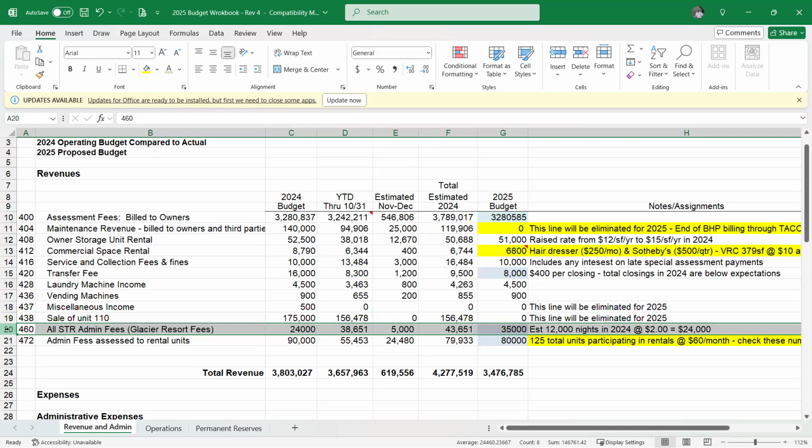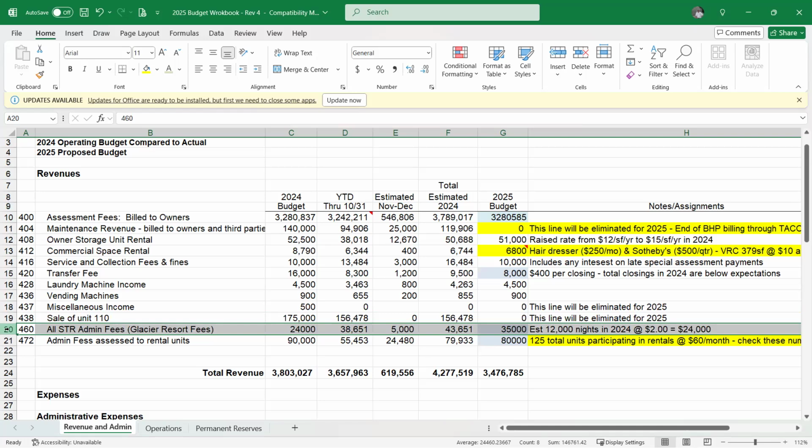So I'd like a little input on this one. This is the resort fee. It's $30 a night, right? Correct, Elisa? The Glacier Resort fee? Elisa, is she there? She on mute, maybe? Sorry, yes. Yeah, so it's $30 a night and we get $2 out of it.